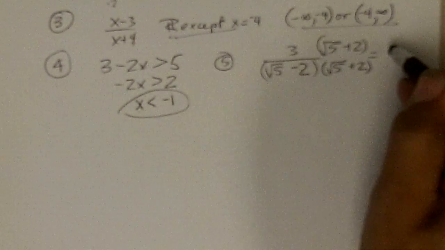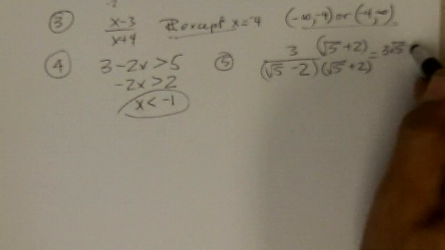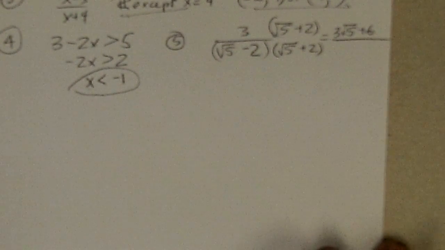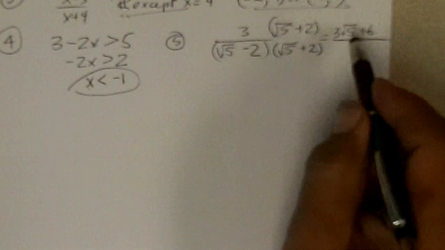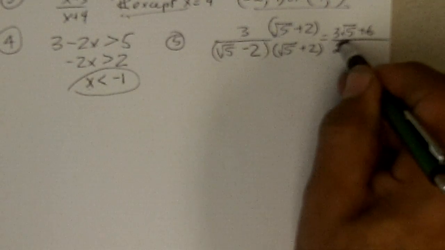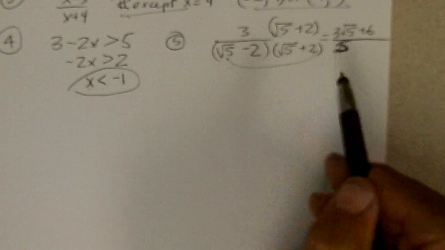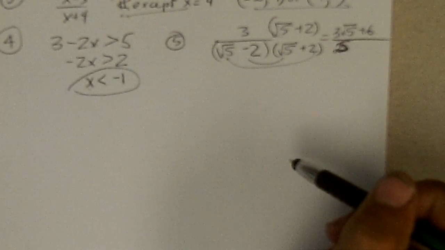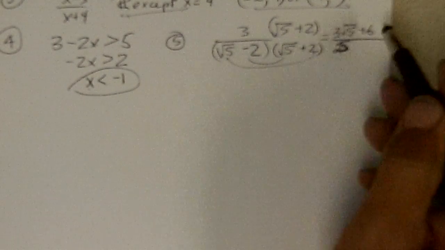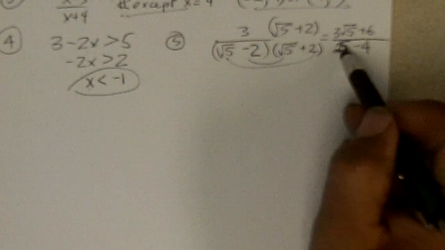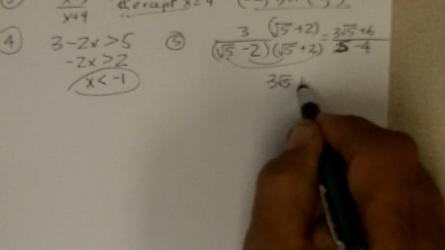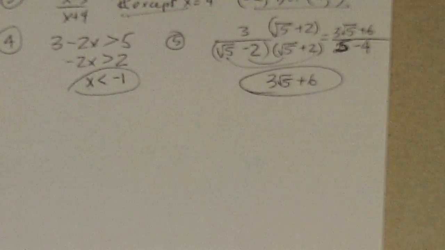So you get in the numerator 3 square root of 5 plus 6, and in the denominator you would get square root of 5 times square root of 5, which is square root of 25, or 5. Then you'd have plus 2 square roots of 5, minus 2 square roots of 5. Those would cancel. Then you'd have -2 times plus 2, which is -4. And 5 minus 4 is 1. So the answer to this would be 3 square roots of 5 plus 6 divided by 1, or just that.